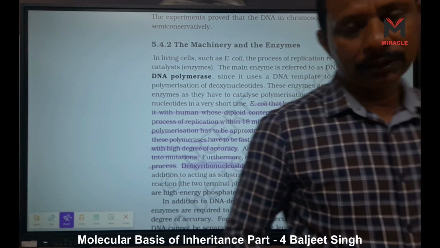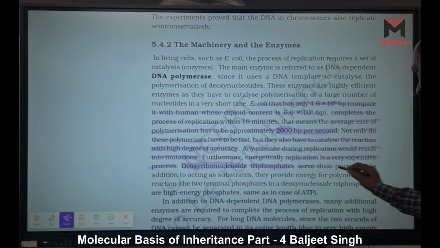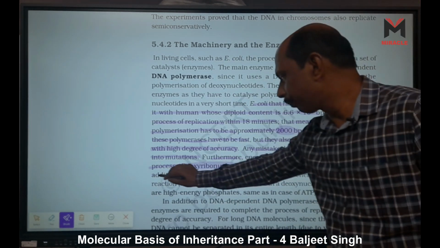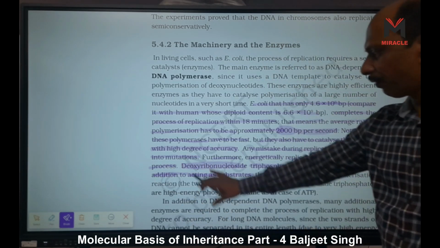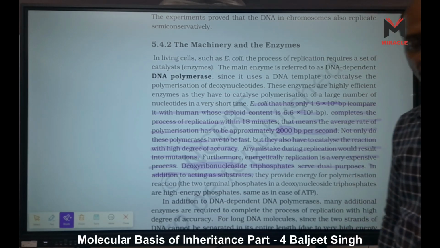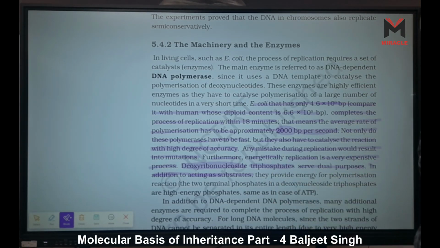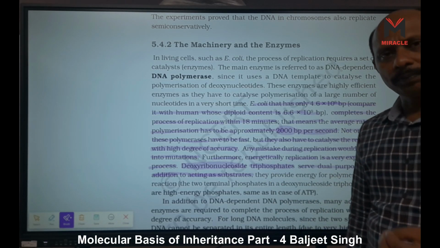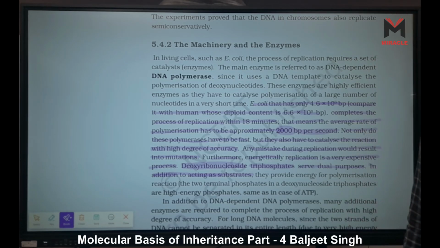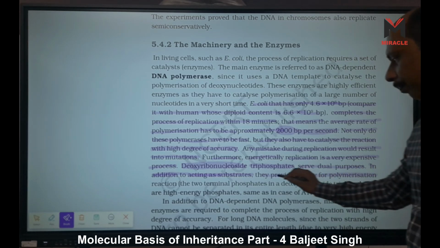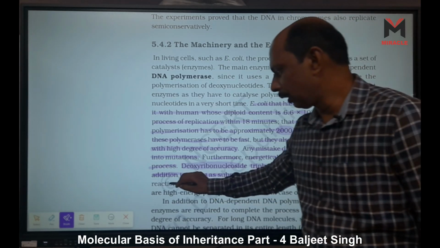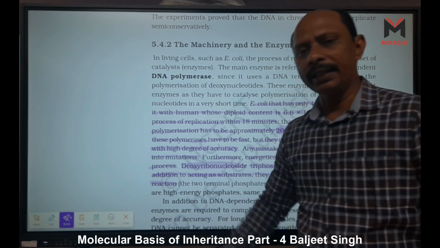They serve dual purpose. Two functions are there. In addition to acting as substrate, we know these triphosphates are substrates. That means they are nucleotides which are added and which are responsible for the formation of DNA. They also provide energy for polymerization reactions, because a huge energy is released.